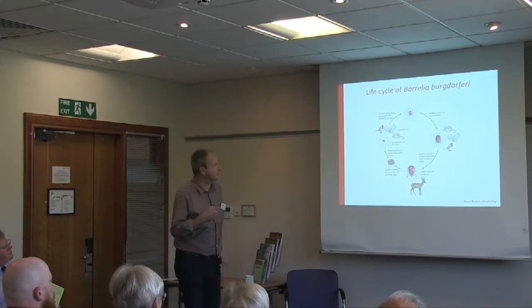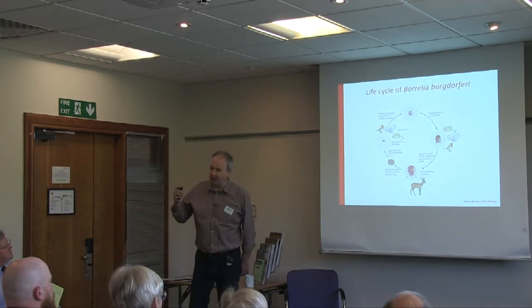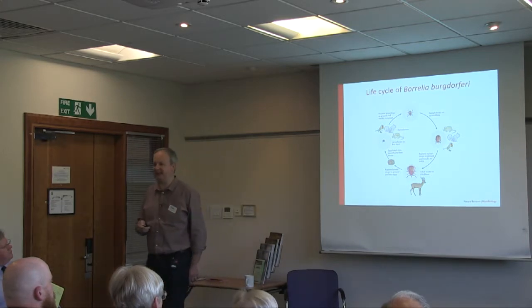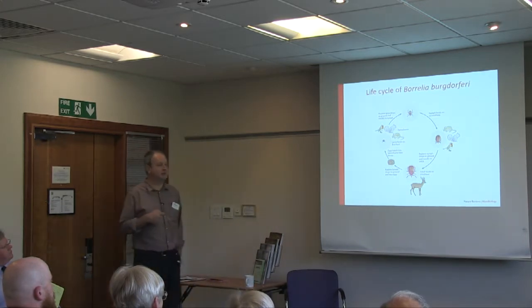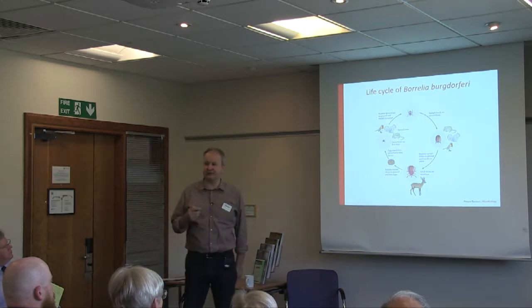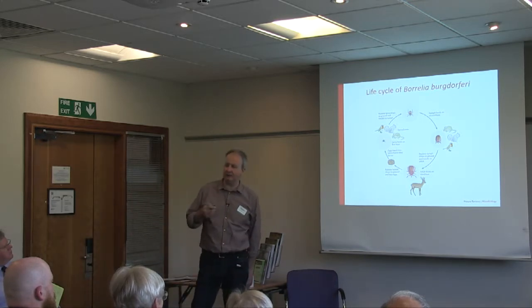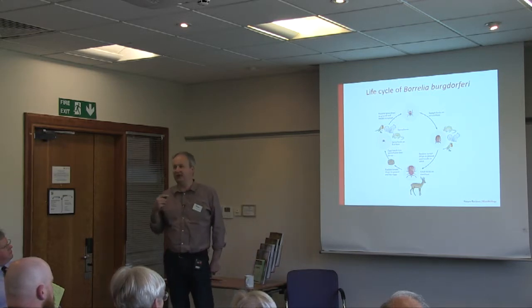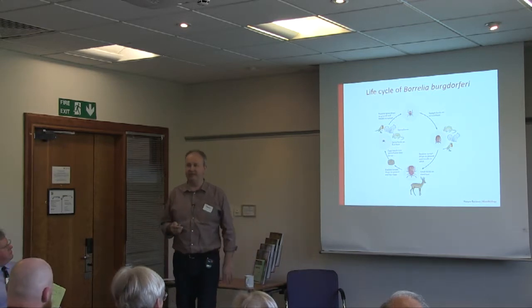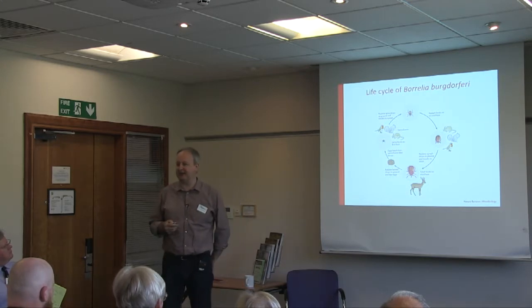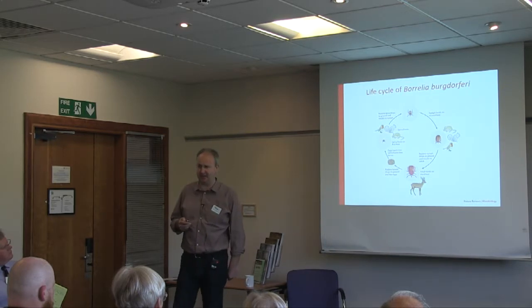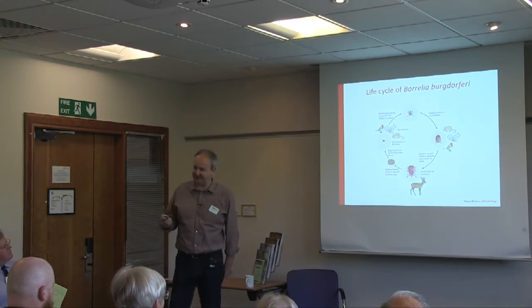So just to explain how Lyme disease, Borrelia burgdorferi, maintains itself in nature. It's transmitted by ixodid ticks, and in the UK we really focus in on Ixodes ricinus, which is the deer tick to this audience, but equally the sheep tick if I was talking to a room full of farmers. But it's a very catholic feeding tick.